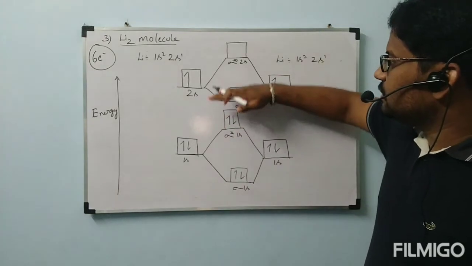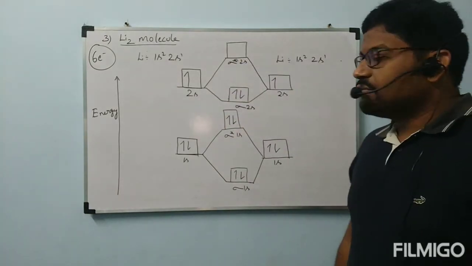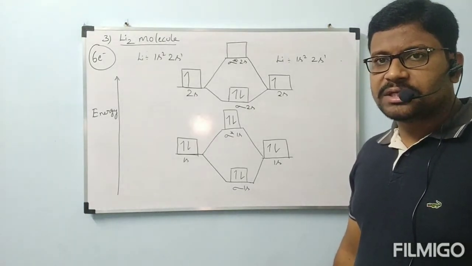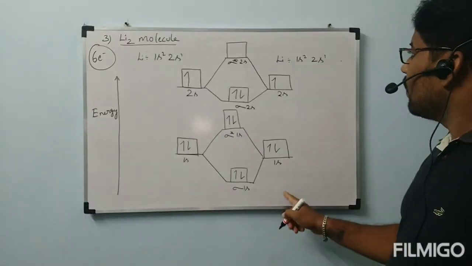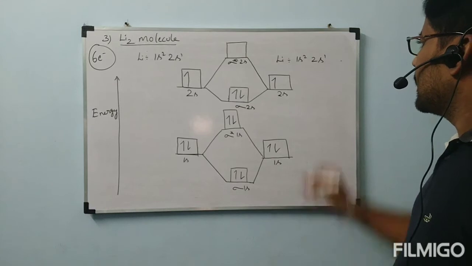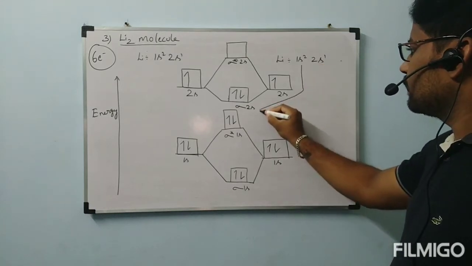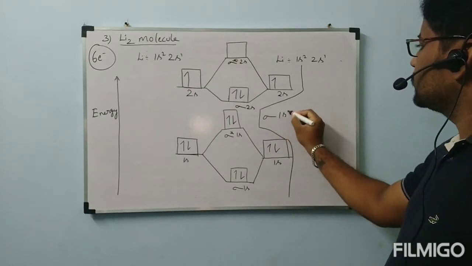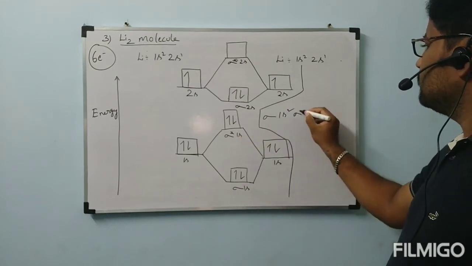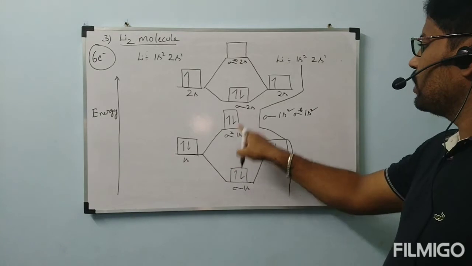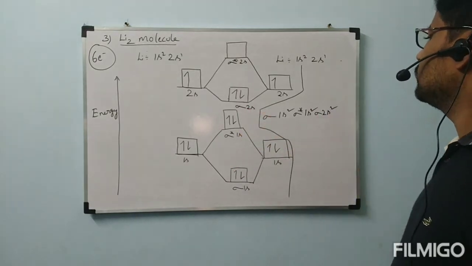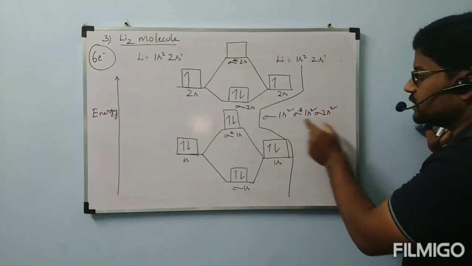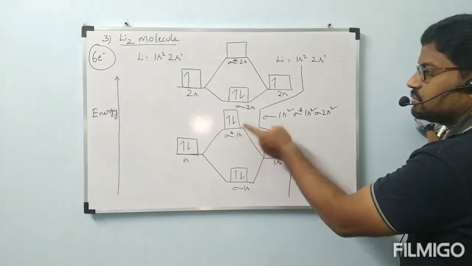After completion of this, next level. Now the molecular orbital electronic configuration of the Li2 molecule is sigma 1s2, sigma star 1s2, sigma 2s2. Total 6 electrons: 2, 2, 2, 6.